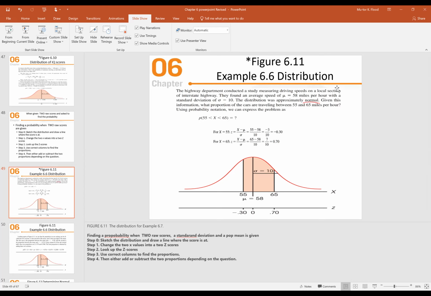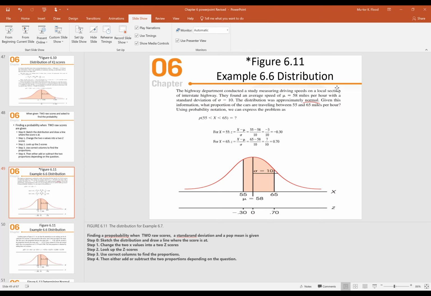Given this information, what proportion of the cars are traveling between 55 and 65 miles per hour? So using the notation, the probability of being between 55 and 65 miles per hour.